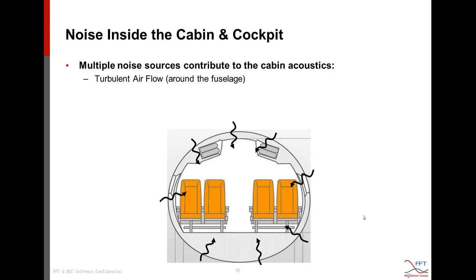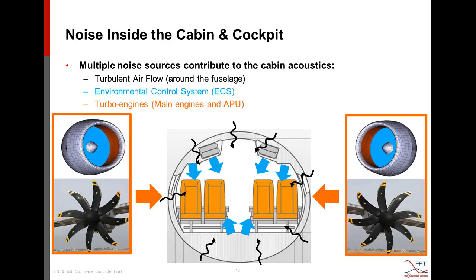For example, the turbulent airflow around the fuselage when the aircraft is cruising, or the duct acoustics from the environmental control systems, but also the turbo engine or propeller noise, which will travel through an airborne or even a structure-borne path into the aircraft interior.